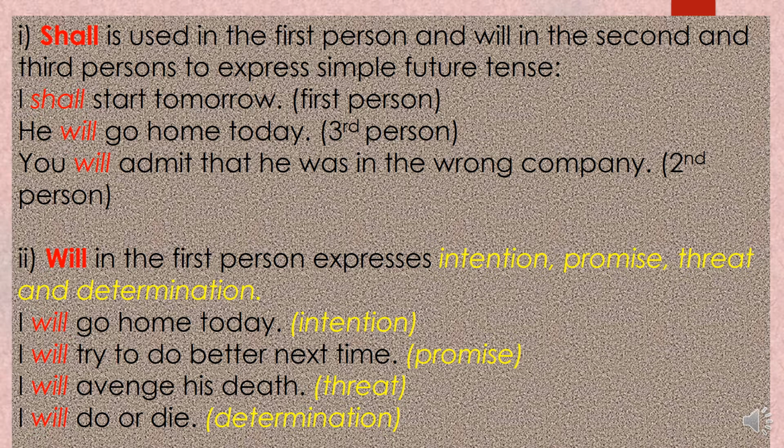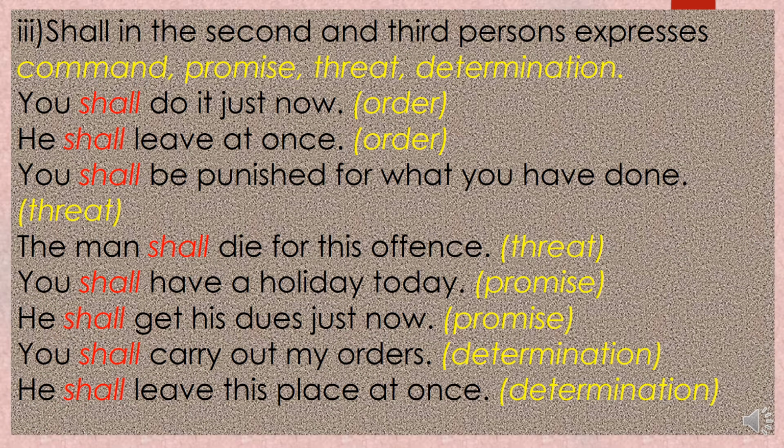So got it? Now see the third situation. Shall in the second and third person expresses command, promise, threat and determination. So we have seen that will is used in first person to show all these things. It is the similar thing that was there in the chart.